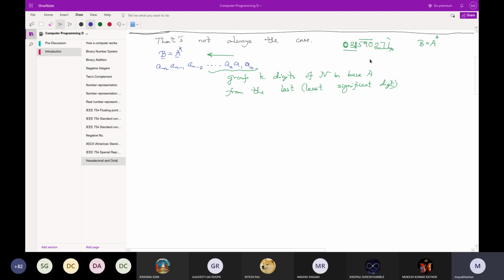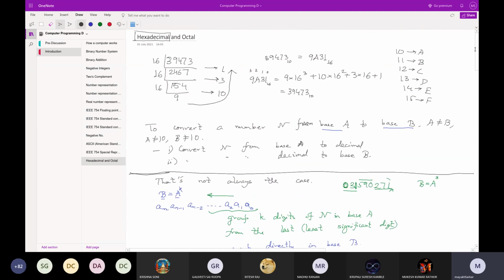Now, after taking the groups, the fact is you can convert each group directly in base B. Let me show how this happens, with the example of our original target, hexadecimal and octal.